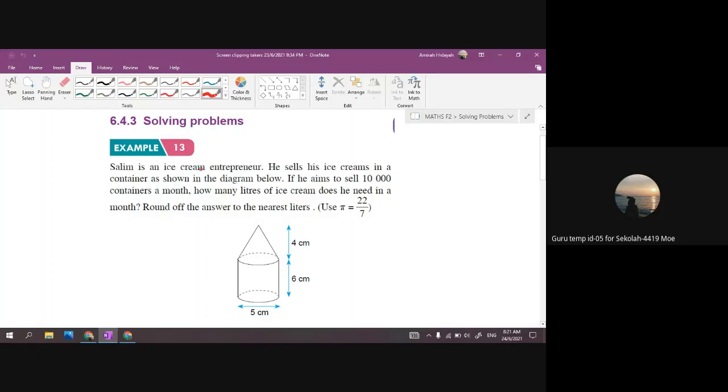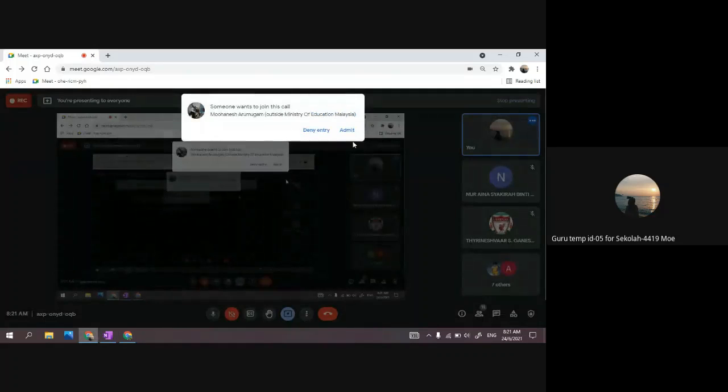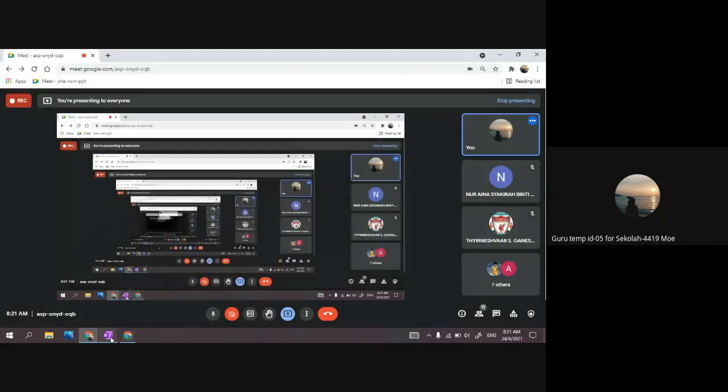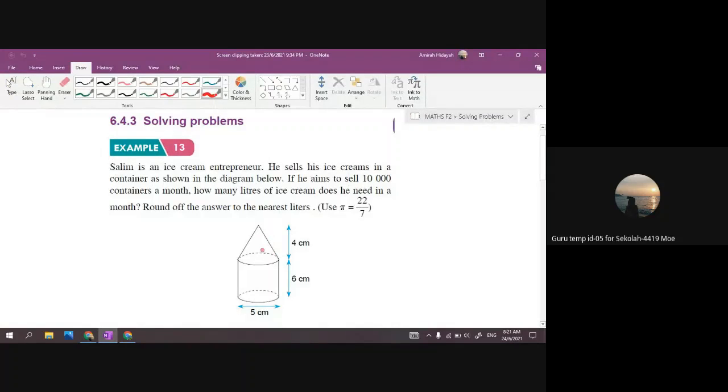The example said Salim is an ice cream entrepreneur. He sells his ice creams in a container as shown in the diagram below. The combination of these two objects is actually the container for the ice cream. If he aims to sell 10,000 containers a month, how many liters of ice cream does he need in a month?